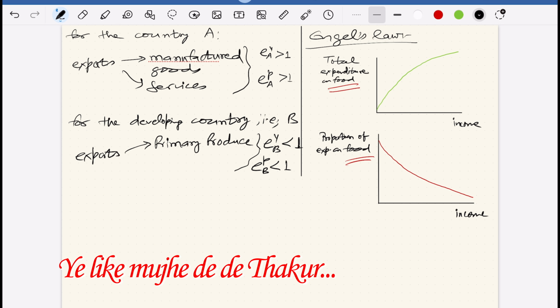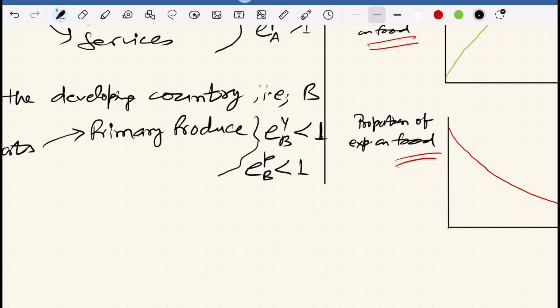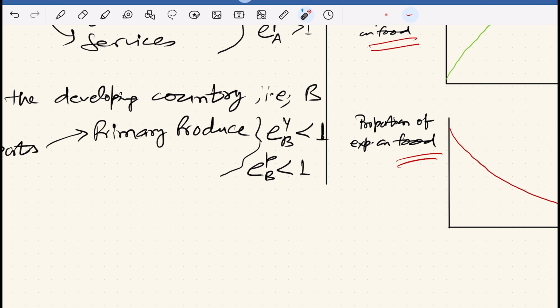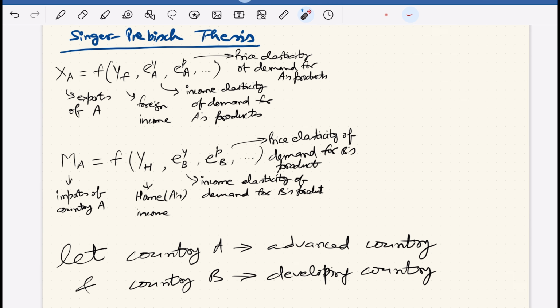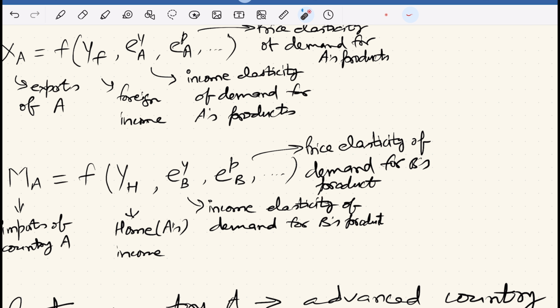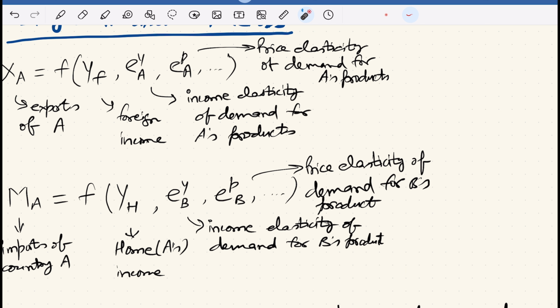So now food is a primary produce. So this is about all the necessities. So now you see that the countries which are developing, they specialize in produce that is primary produce and follows this particular Engel's law. So it means as the income of the foreign country will increase, exports of the developing countries will not grow as fast as the demand for the manufactured goods that will be the import of the developing country will grow.